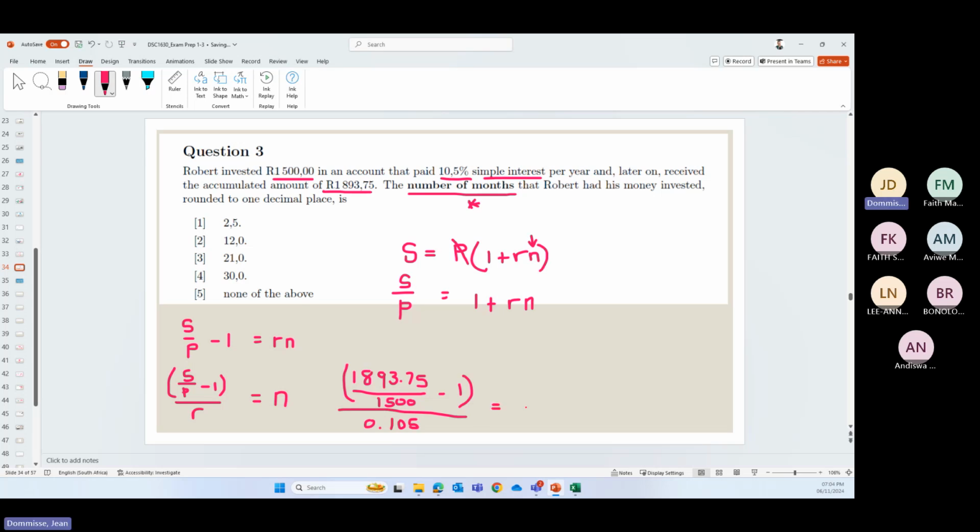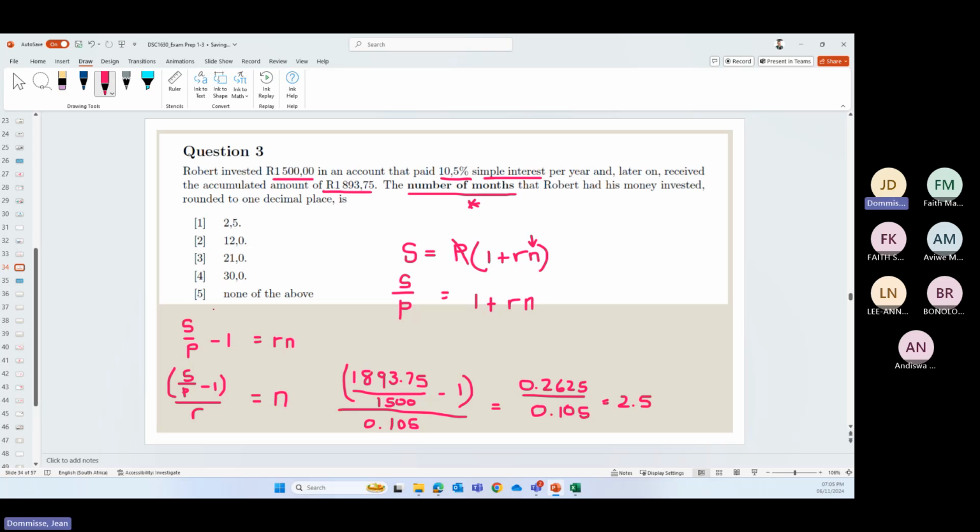Okay, so let's see what we get. 1893.75 divided by 1,500 minus 1 is 0,2625, and that divided by 0,105 is equal to 2.5.